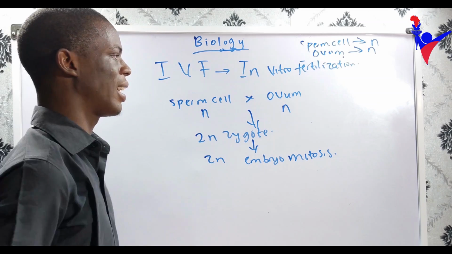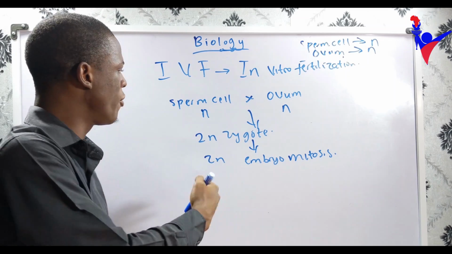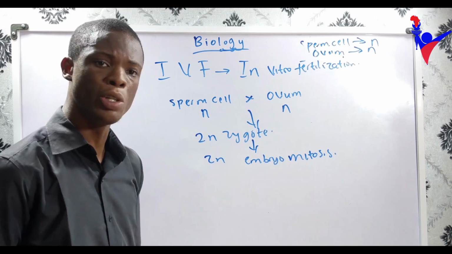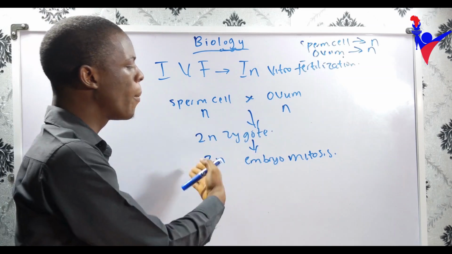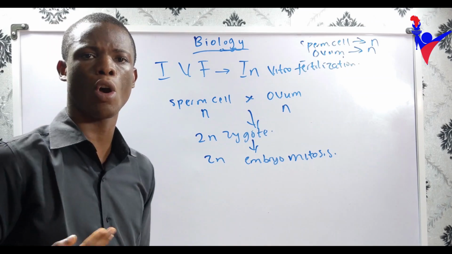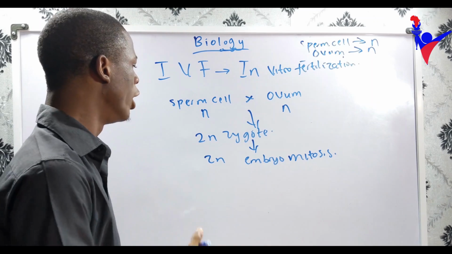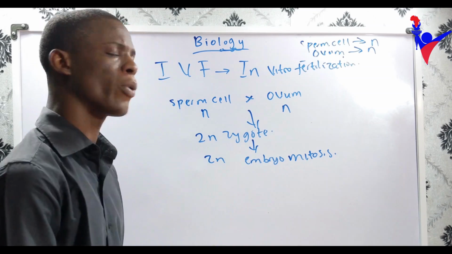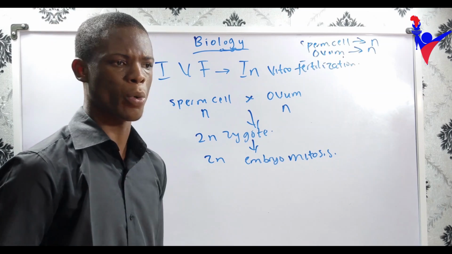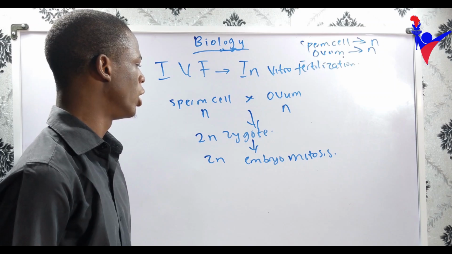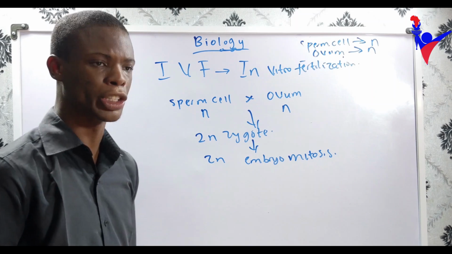For in vitro fertilization, we've seen that the sperm cell and the ovum come together to form a zygote, in which the zygote also divides mitotically into an embryo in a process called mitosis. So we now go to some questions which you have to solve judiciously.